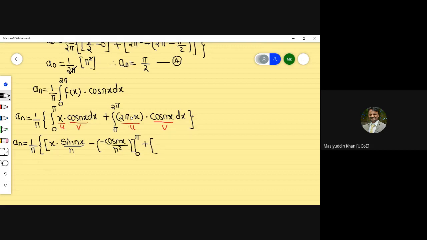You can observe that this is u, so the u part is kept as it is, 2 pi minus x. Take the integration of cos nx, so it becomes sine of nx upon n, minus, take the derivative of this part with respect to x. So derivative of 2 pi will be 0 and derivative of x will be minus 1.